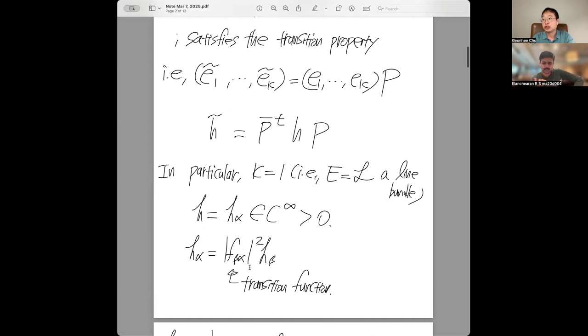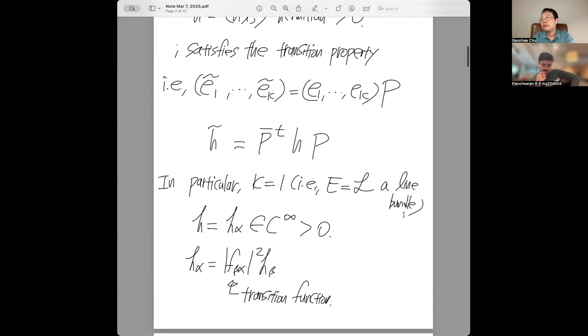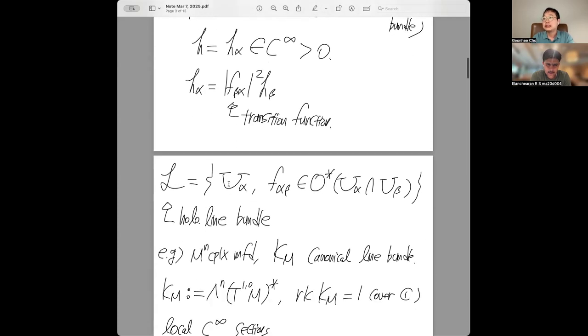There's a transition function, so that we know how to change from one coordinate to another in terms of the transition function. That means the real geometric data of each line bundle is all we need to describe: the open subsets from the given smooth manifold M with the transition functions. So our necessary data for the complex line bundle should be just this pair.